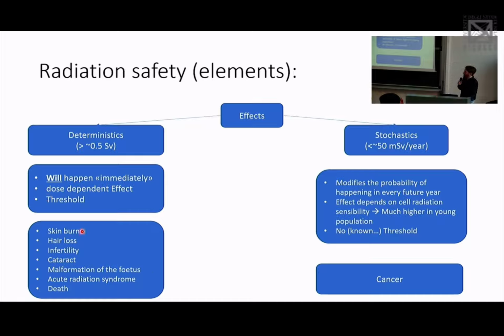The typical effects are skin burn, hair loss, infertility, cataract of the eye, and in some cases, malformation of the fetus. And if you go to very high levels of radiation, and not just to the skin, you might end up with acute radiation syndrome, which might end up in death.